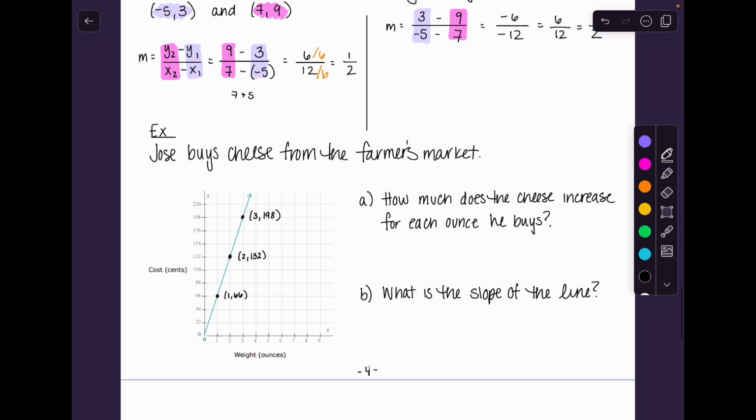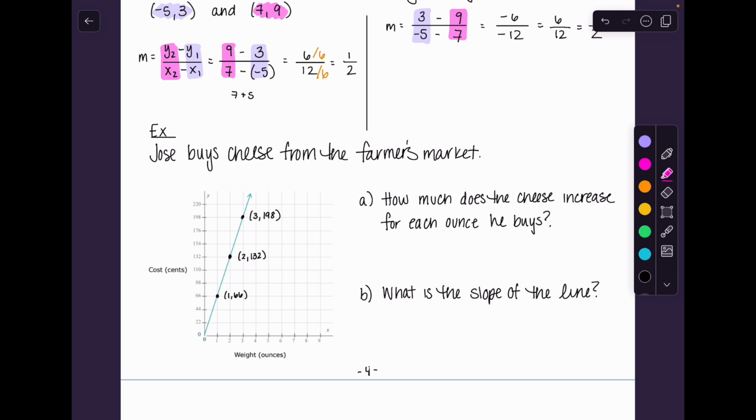So let's just try one more. Jose buys cheese from the farmer's market. We want to figure out how much the cheese increases for each ounce he buys. And then we're also going to figure out what is the slope of the line.